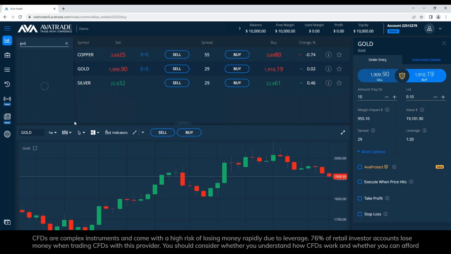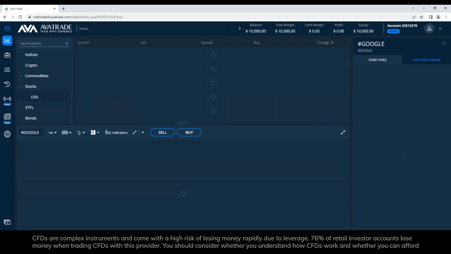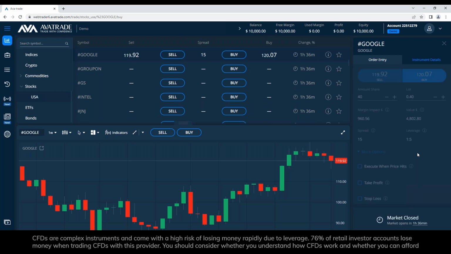Let's try Google. You see, so that's 1 to 5, right? So 1 to 5 means that we can divide it by 5. To every dollar, you have an extra 20 backing it up in order to trade. Could be. Yeah, that's an interesting interpretation, Daniel. Thank you.